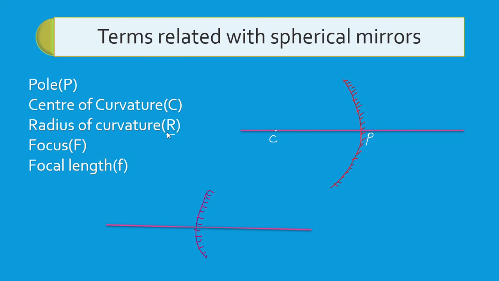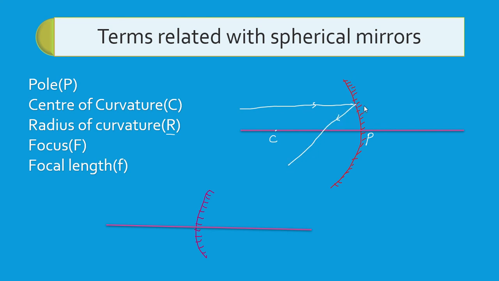It will be expressed in centimeters for small mirrors. Now, if a ray of light comes parallel to the principal axis, after reflection it passes through a point on the principal axis.